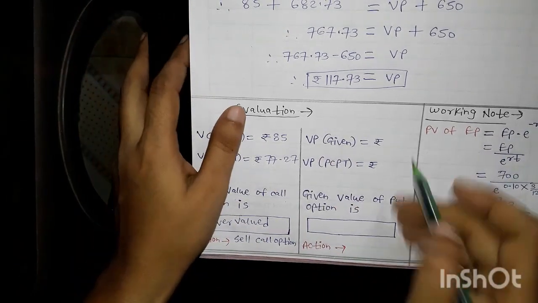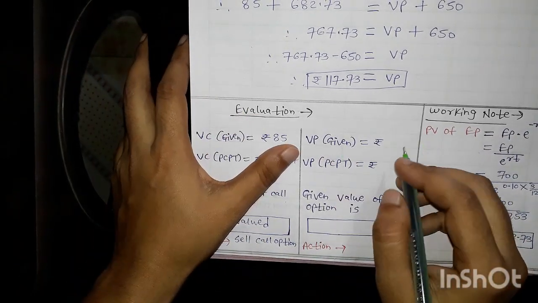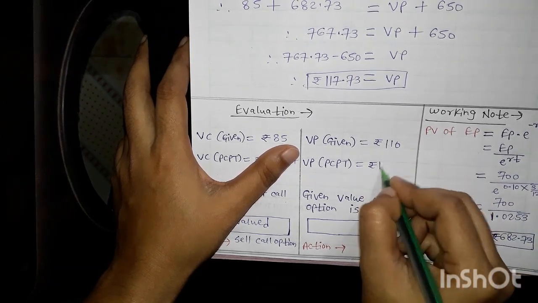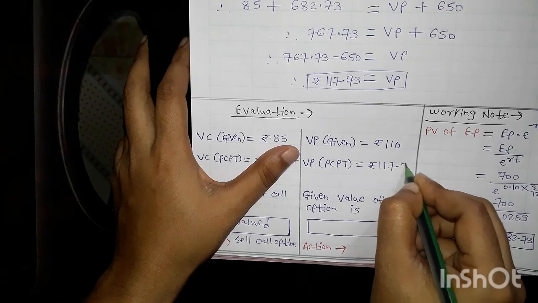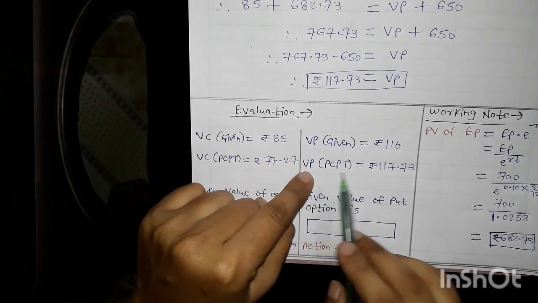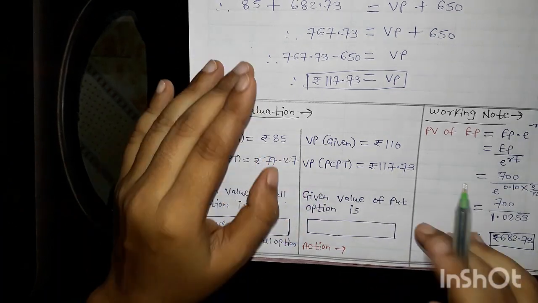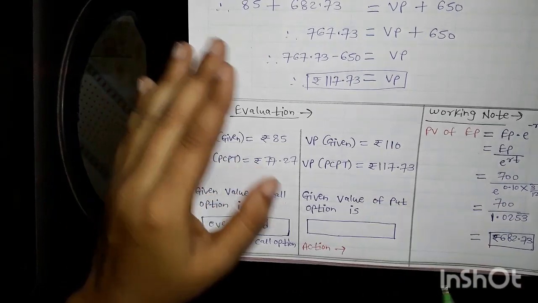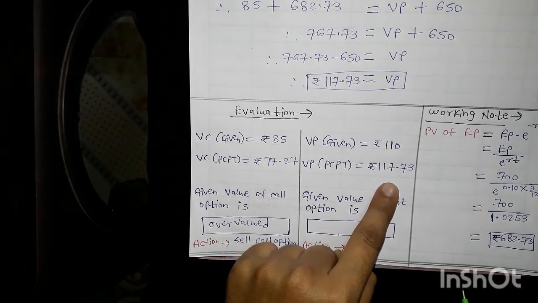Okay, in the same way value of a put option which is already given, that is 110, and according to put call parity theorem it should be 117.73. Okay, so here value of a put option which is given is lower, and according to put call parity theorem it is high.